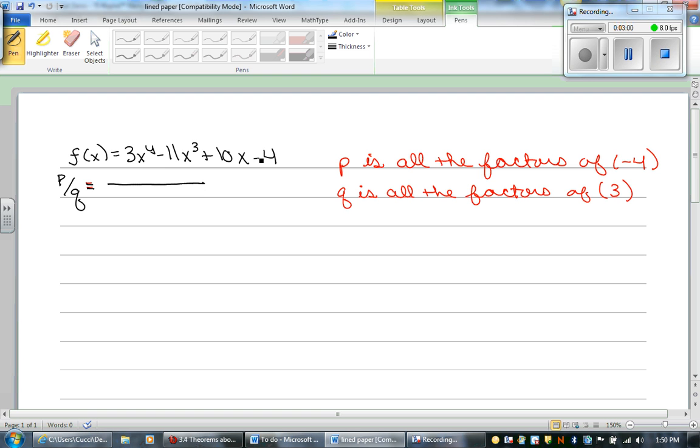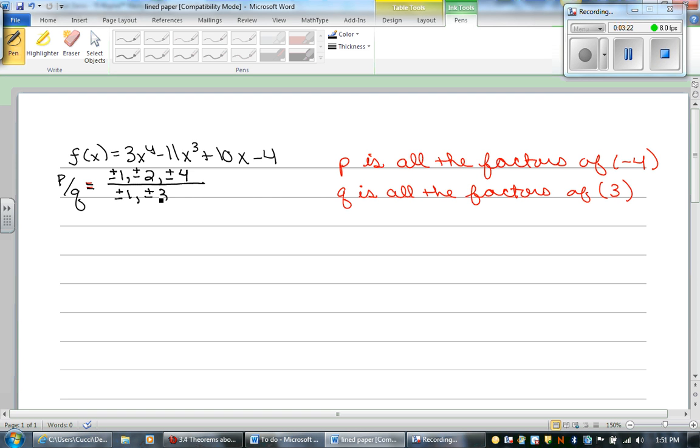First, p: all the factors of negative 4. So we've got plus and minus 1, plus and minus 2, and plus and minus 4. Those are all factors of 4. Then our possibilities for q are factors of 3, which are plus and minus 1 and plus and minus 3.